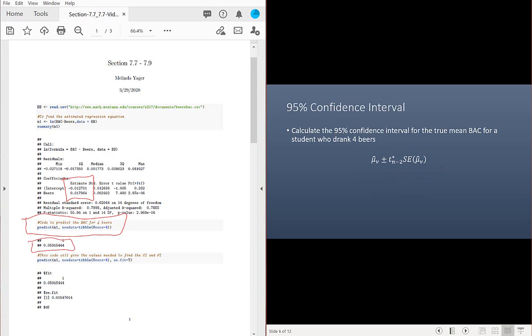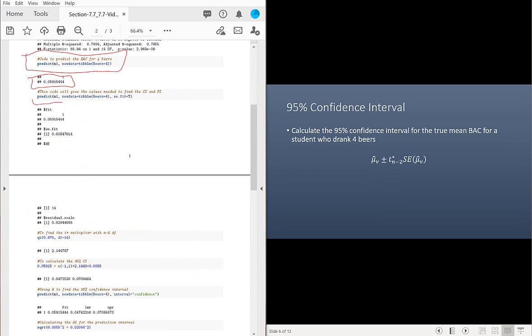In this data set, there were 16 students, so the degrees of freedom is 14, and the standard error of the estimate of the mean blood alcohol content. Using this code, we can get all the values needed to find the confidence interval.